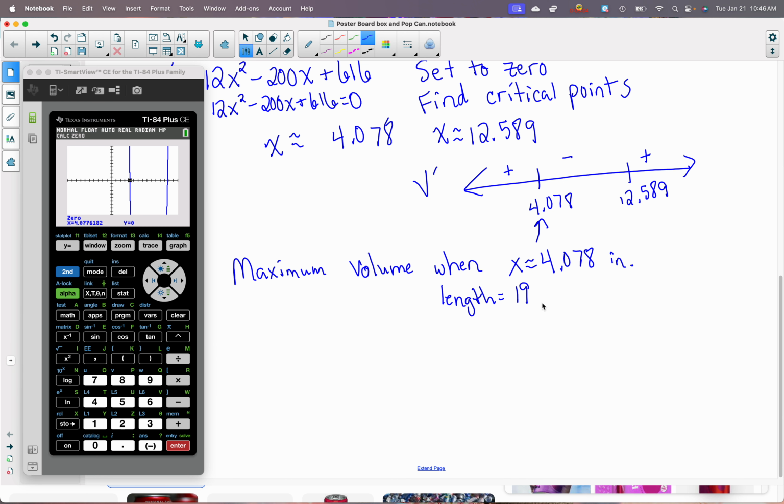Hopefully I have these correct. I have 19.845 inches. The width, plugging that back into my expression for the width, I got 13.845 inches. I have not really double checked those. And the height, of course, is just the value of X, so 4.078 inches.